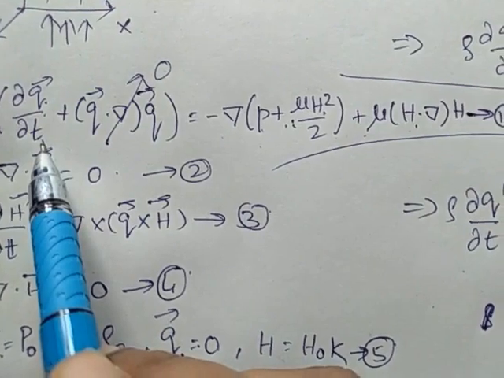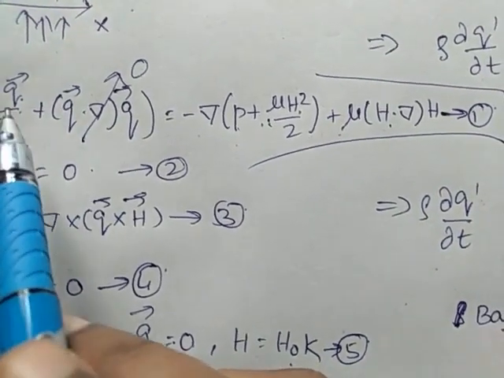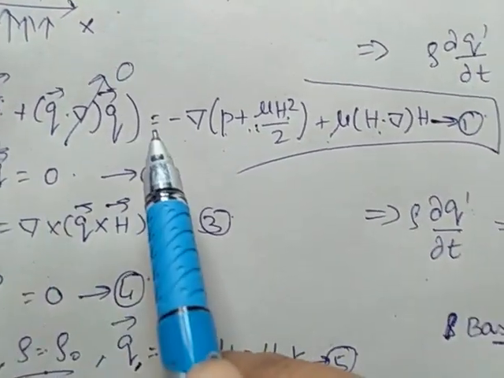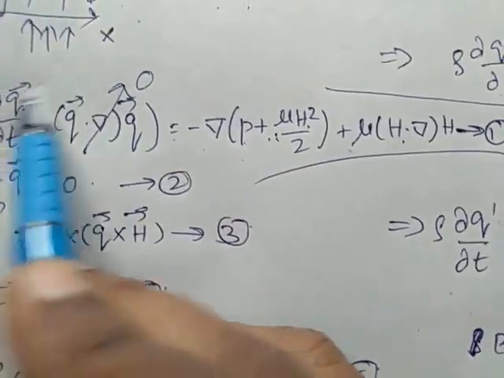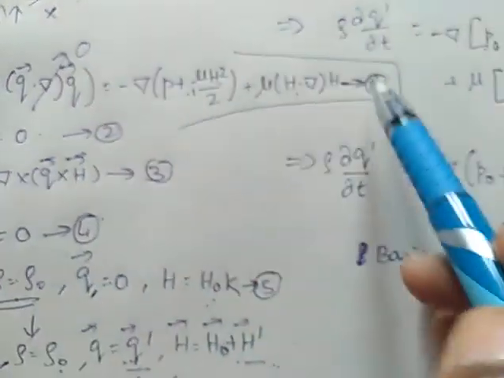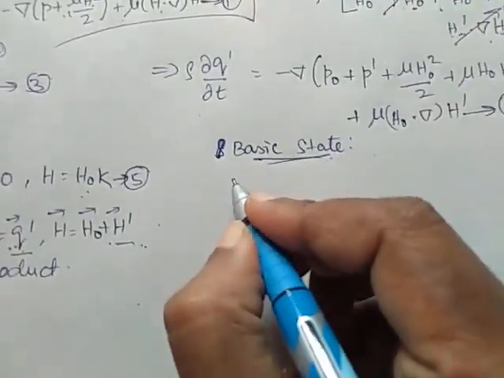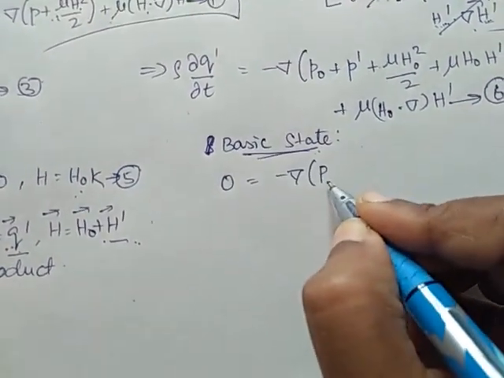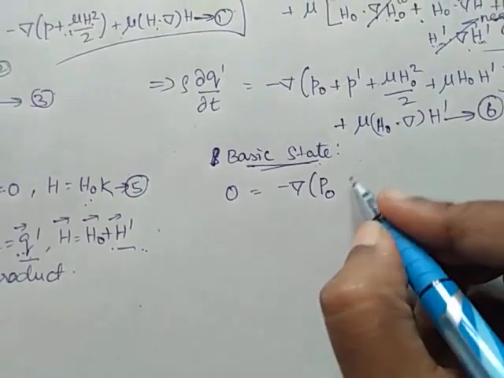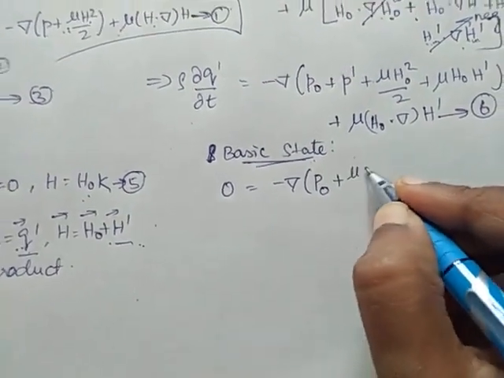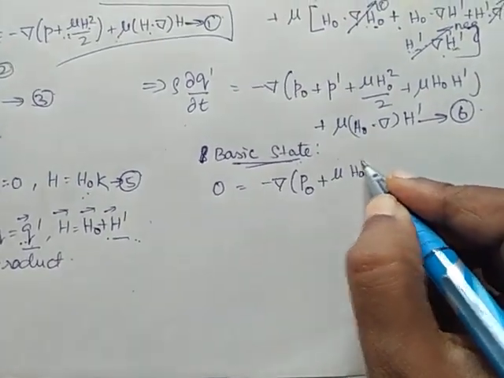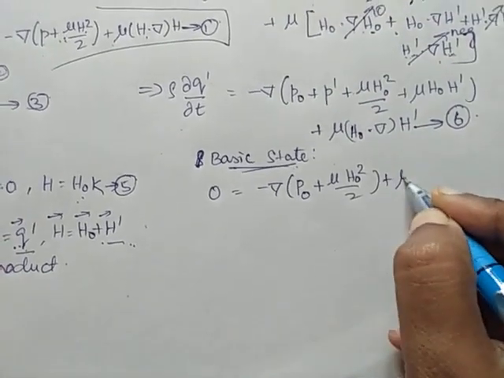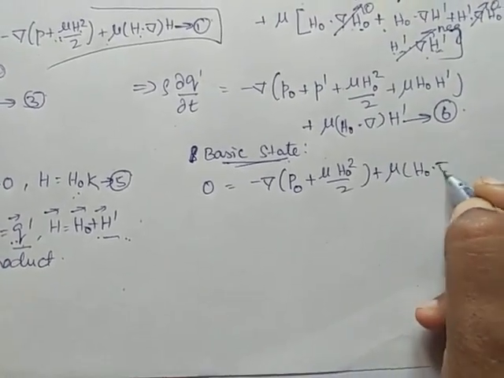Q is 0 at the basic state, right? So at the basic state, our equation 1 becomes, our LHS becomes 0, we will have only RHS. So we are having 0 is equal to minus del of, at the basic state, pressure is P naught plus mu H naught square by 2 plus mu H naught dot del of H naught. See, this is our general equation.